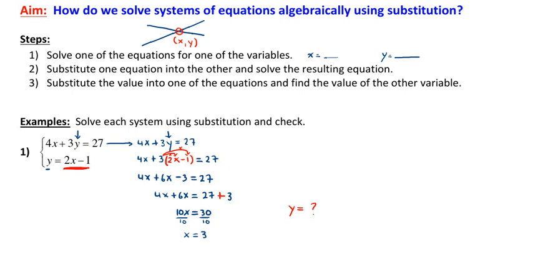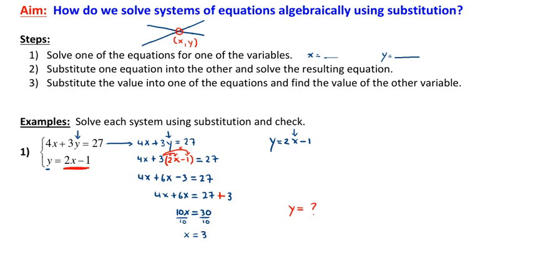So I'm going to take that equation, which is simpler, which in this case is the second one. y is equal to 2x minus 1, and then I'm going to substitute now the value of x that we found here, which is 3.